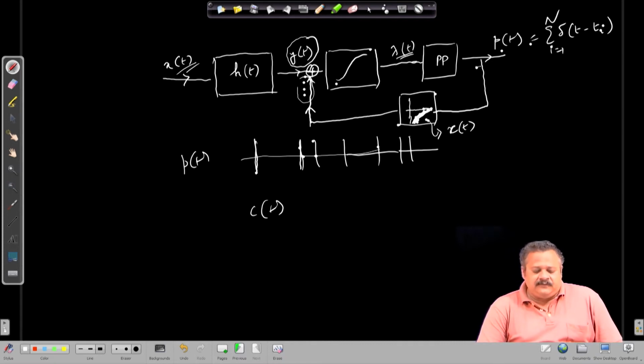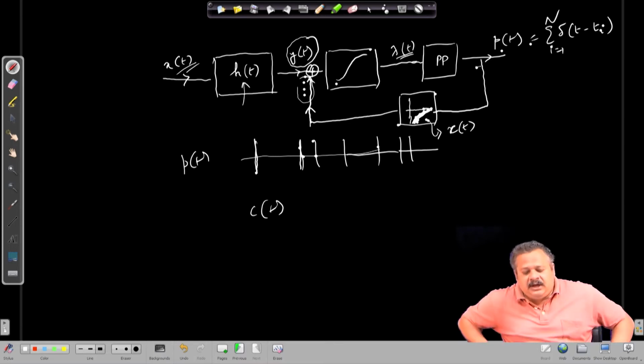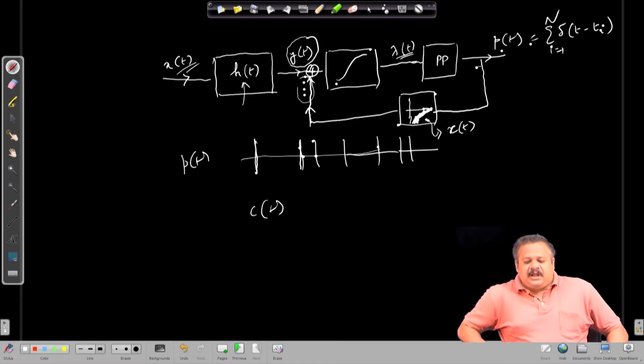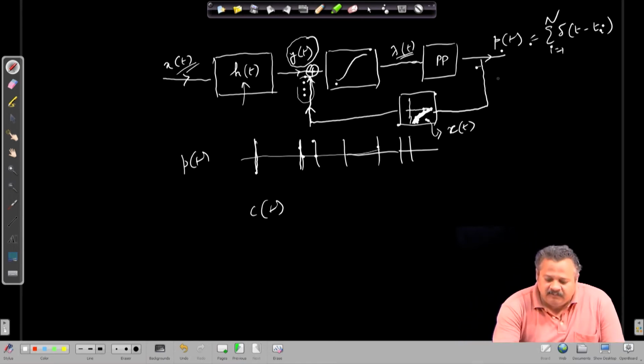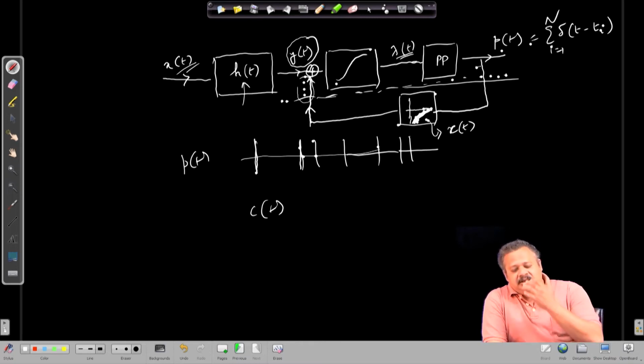So, remember, for the fitting of the model, this h t was derived simply by spike triggered average, and at that time we did not have this particular part in the system. So, now that we have this additional part, the entire theory that we had discussed in terms of the spike triggered average to obtain something proportional to h t, that goes out the door.